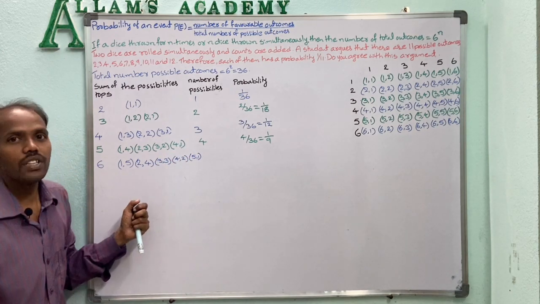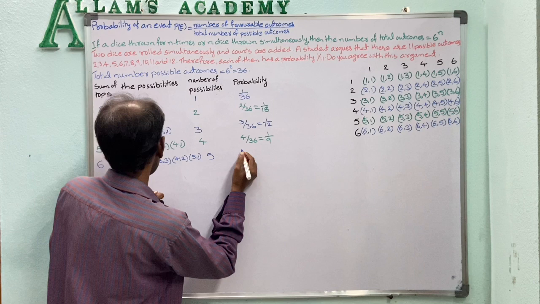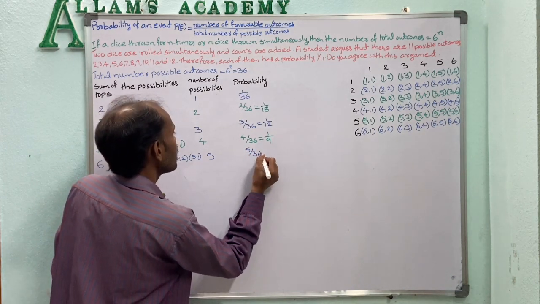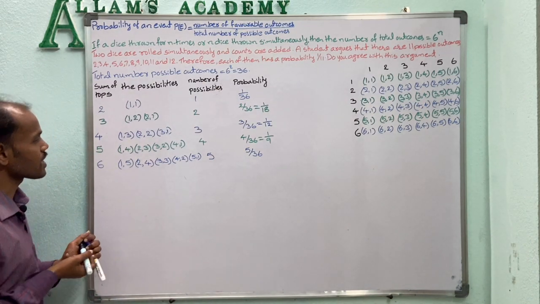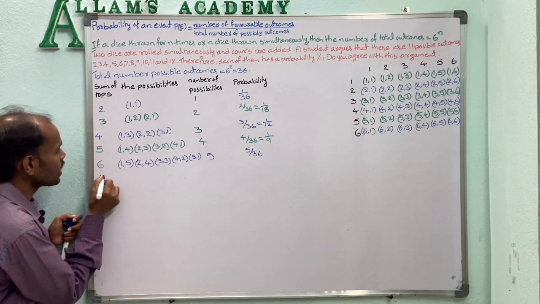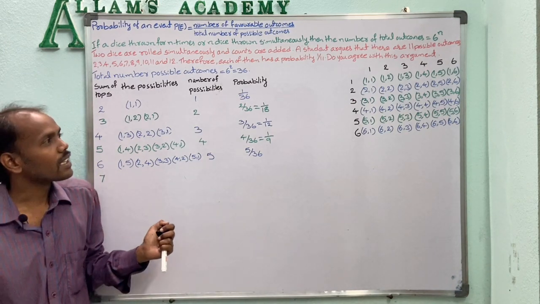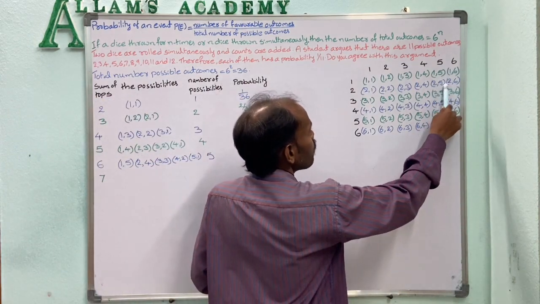So they have 5 chances. So the probability is 5 by 36.